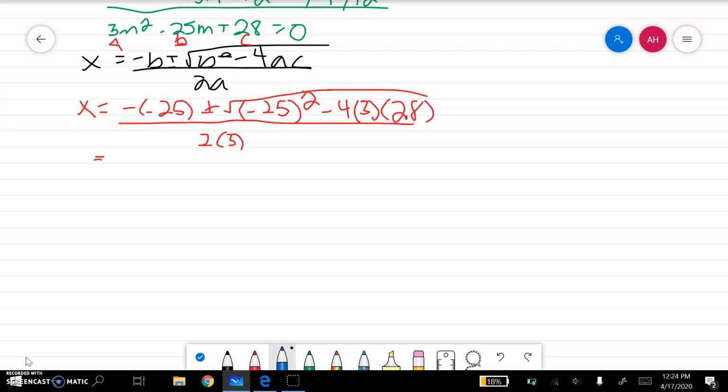So these two negatives here make this a positive 25 plus or minus the square root. Negative 25 squared is 625. And then I always multiply this all the way across. Negative 4 times 3 is negative 12 times 28 is negative 336.